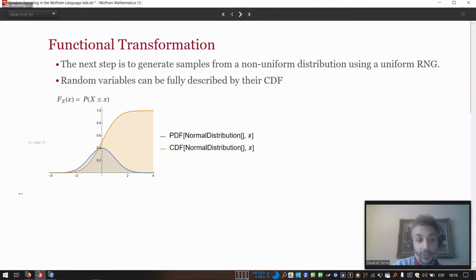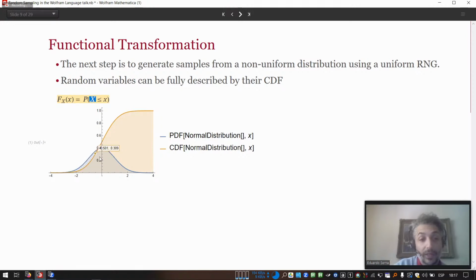It's a function that describes how much probability there is up to a certain number. The CDF is denoted by capital F of a random variable capital X, and it's a function of a number x. It counts how much probability there is when the random variable is equal or smaller to a certain value.